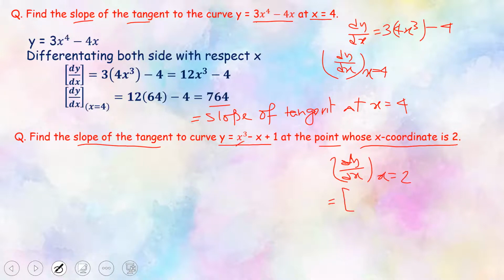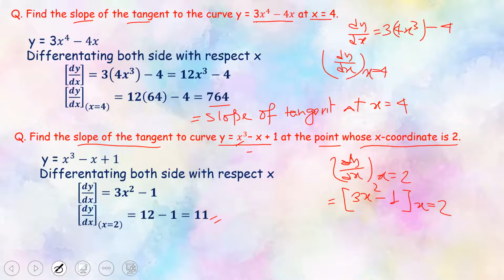Differentiation of x cube is 3x square, minus x is minus 1, and 1 is 0. So for x is equal to 2, this value will be 11. So 11 is the slope of tangent at x is equal to 2, or the point whose x coordinate is 2.